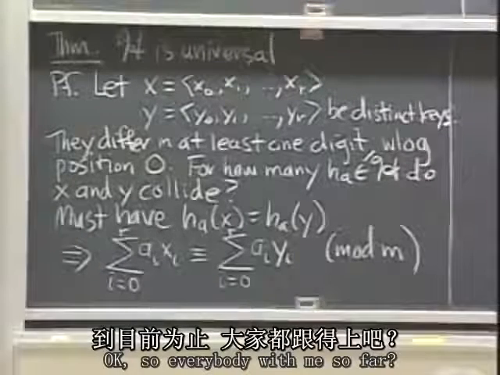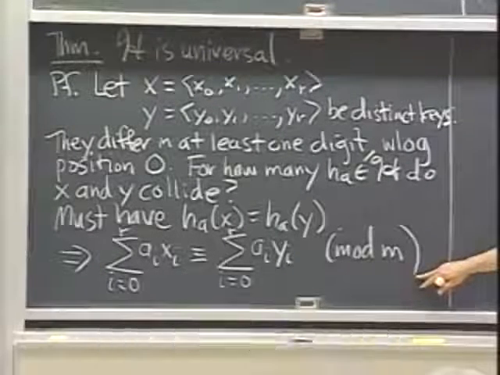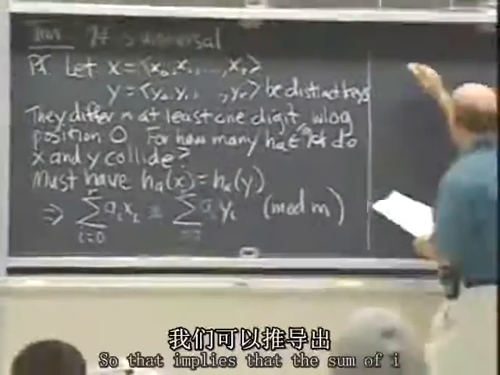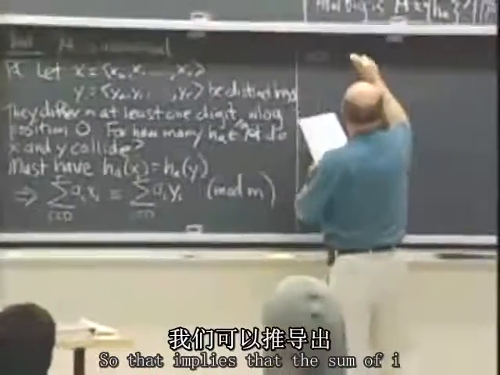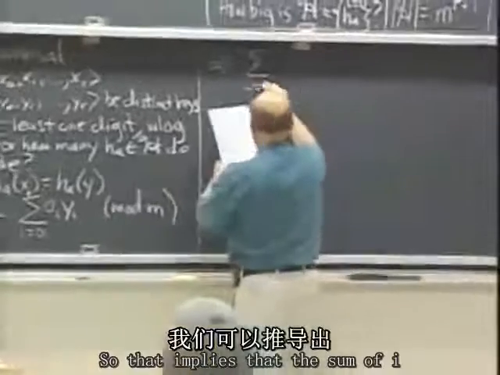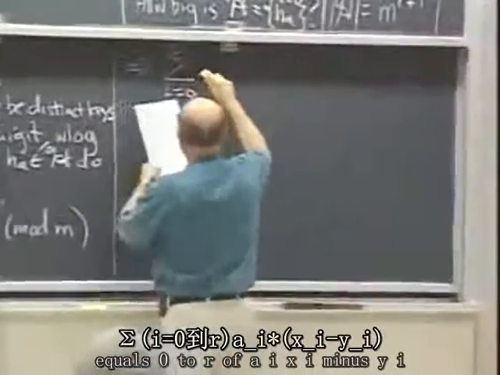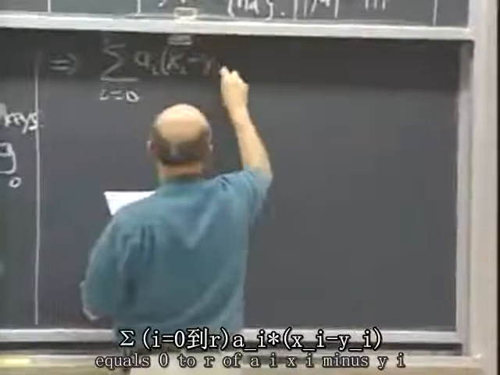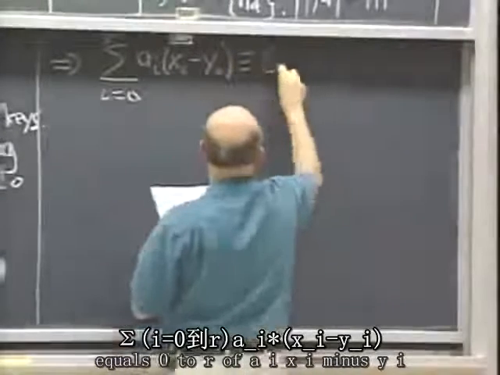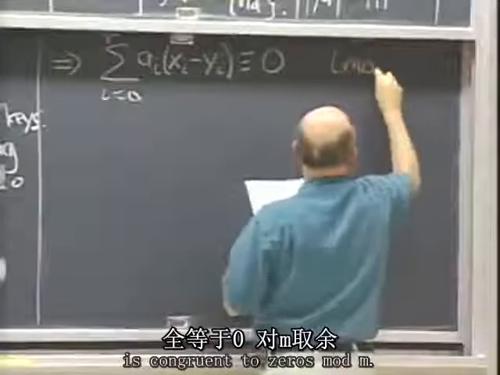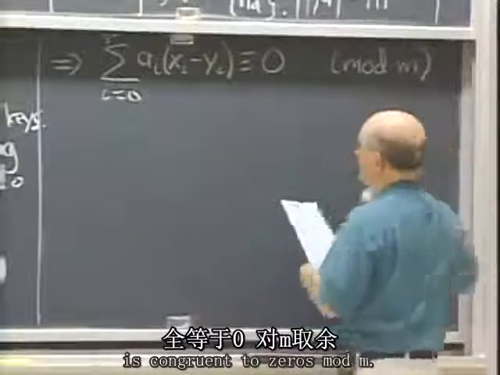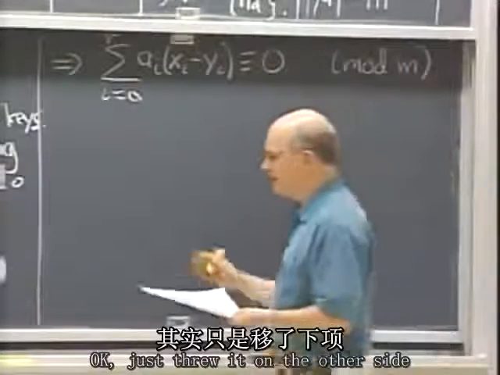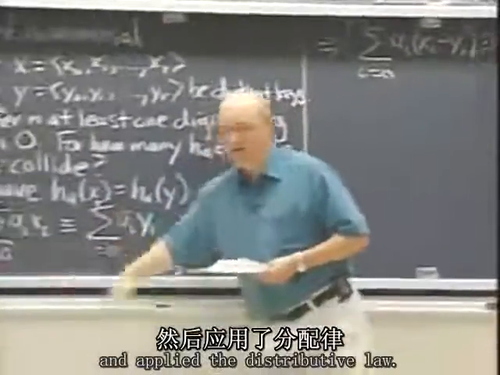So everybody with me so far? This is just applying the definition. So that implies that the sum of i equals 0 to r of a_i times (x_i minus y_i) is congruent to 0 mod m. Okay, just threw it on the other side and applied the distributive law.